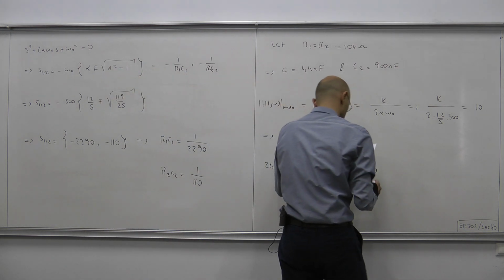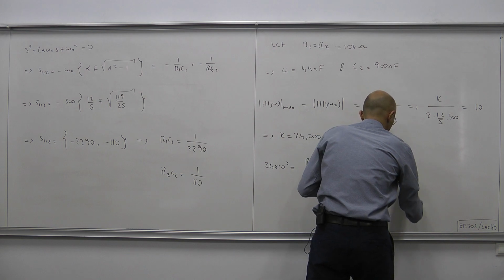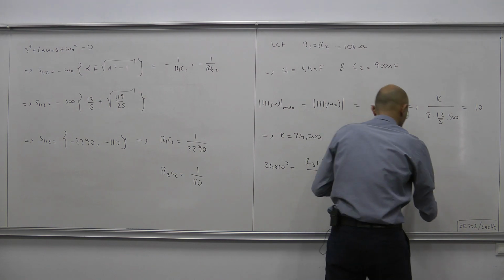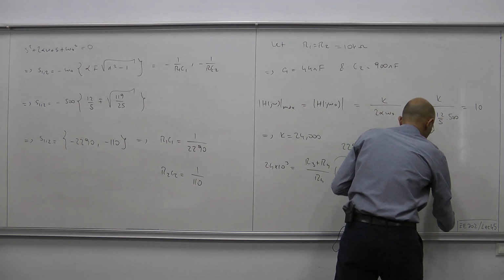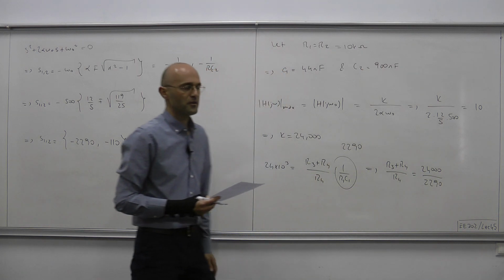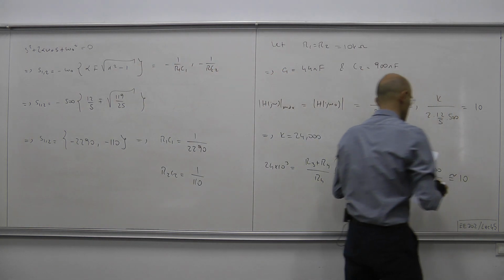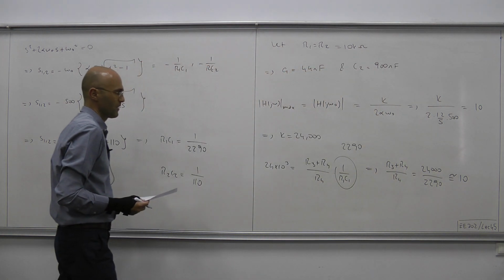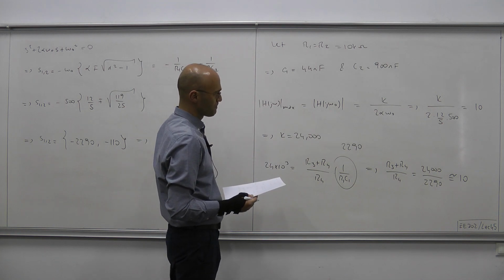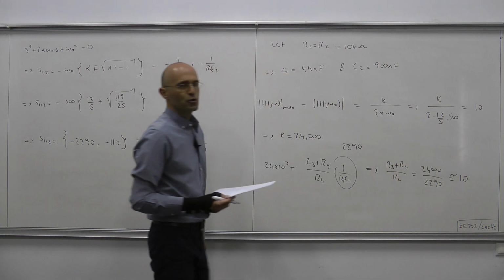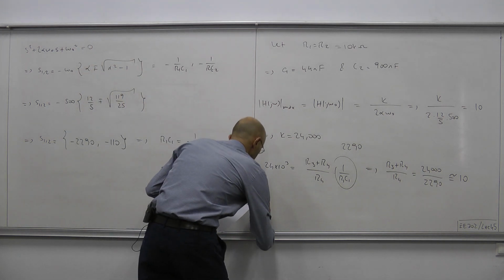Therefore, we have R3 plus R4 over R4 equals 24,000 divided by 2290, which approximately equals 10. Which means the ratio of R3 to R4 should be 9.